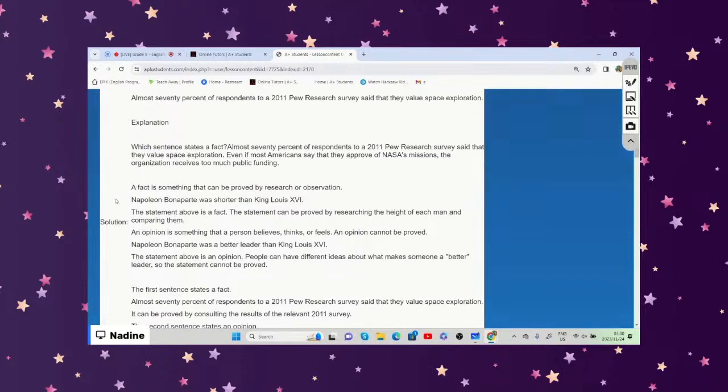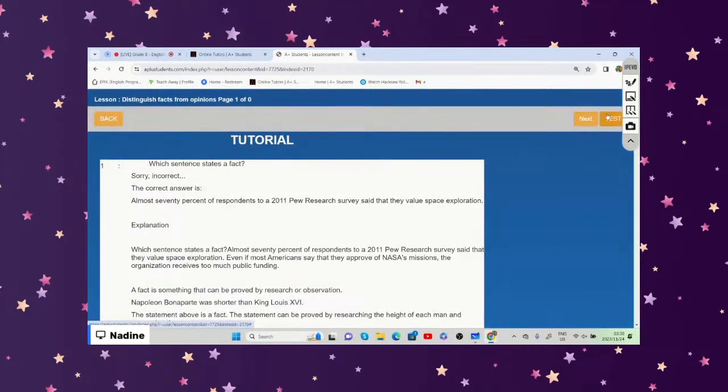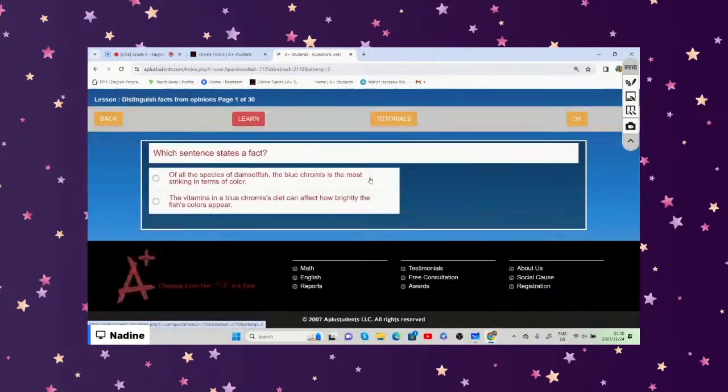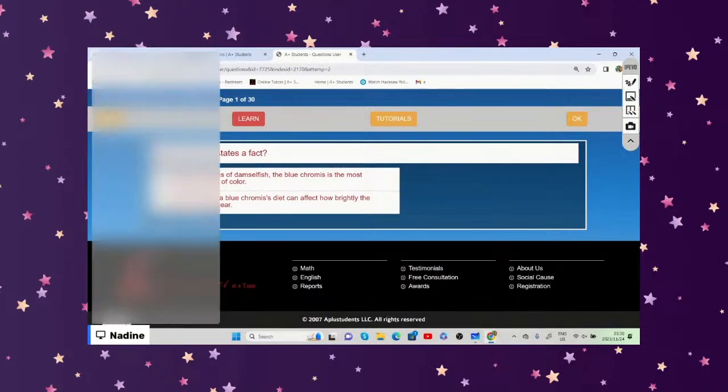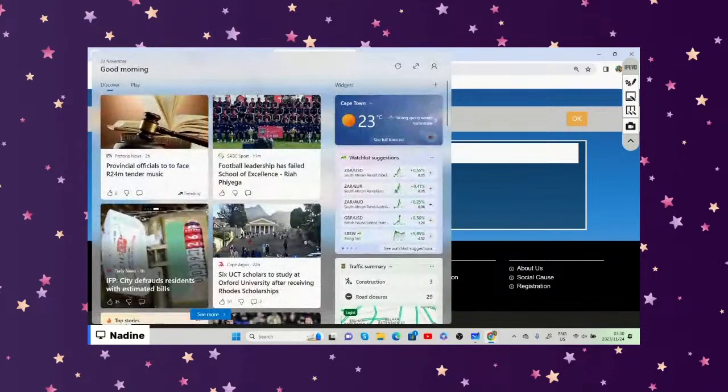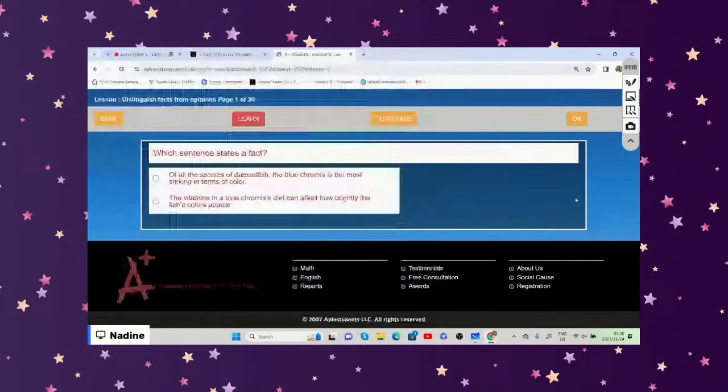And now let's go to our test where we will distinguish between facts and opinions. So we need to say which is a fact, right? Which sentence states a fact?